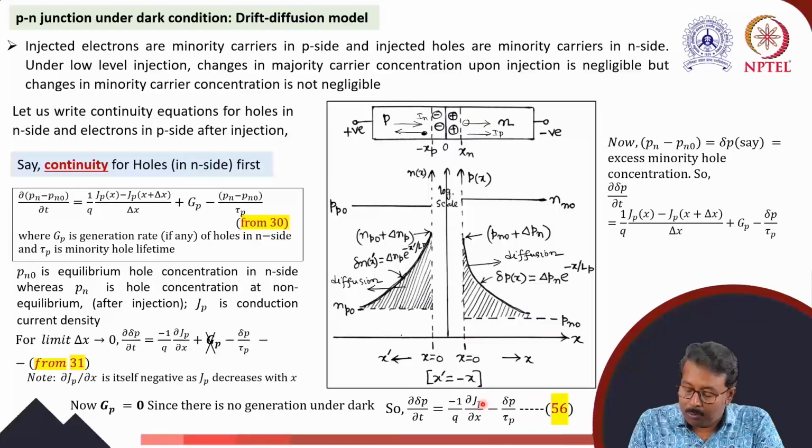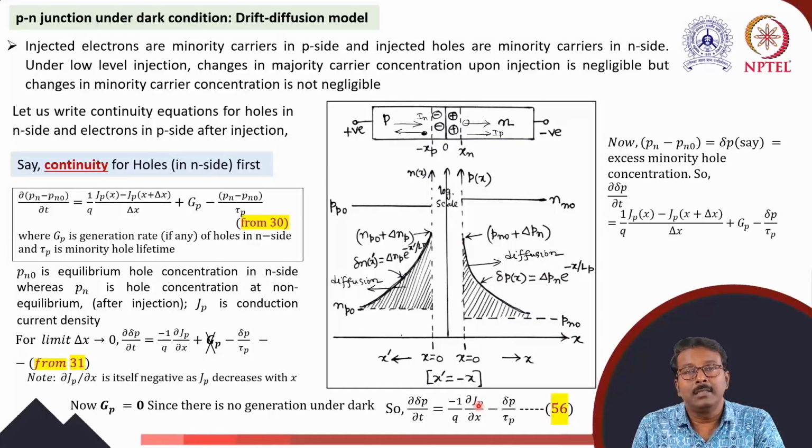Now we have to put the value of Jp, this conduction current. Here we have to apply the drift diffusion model. What is the drift diffusion model? It means carriers may create the conduction current due to flow by drift and by diffusion.